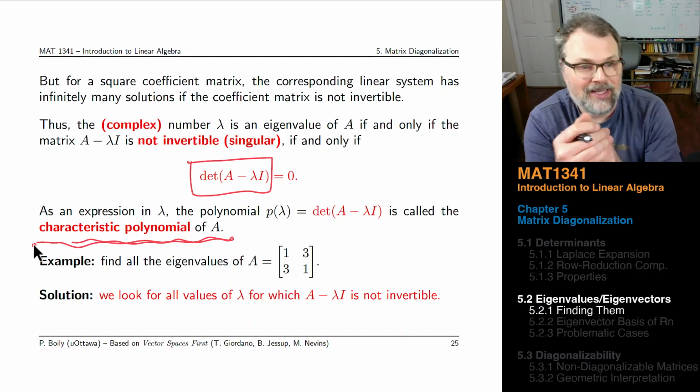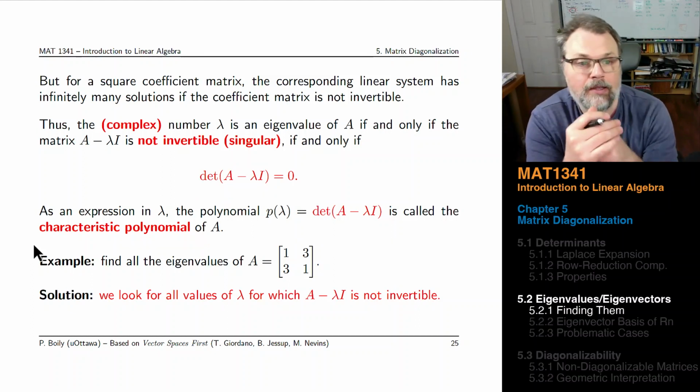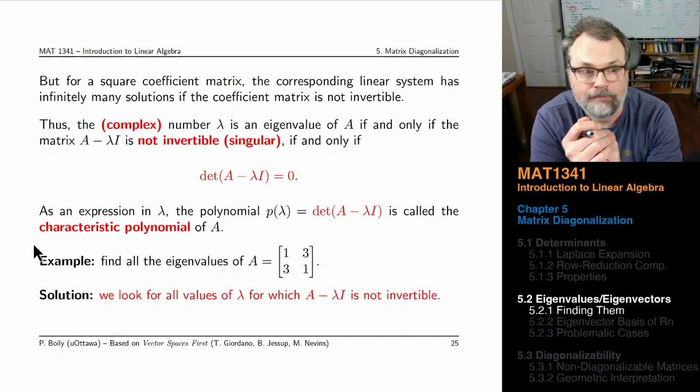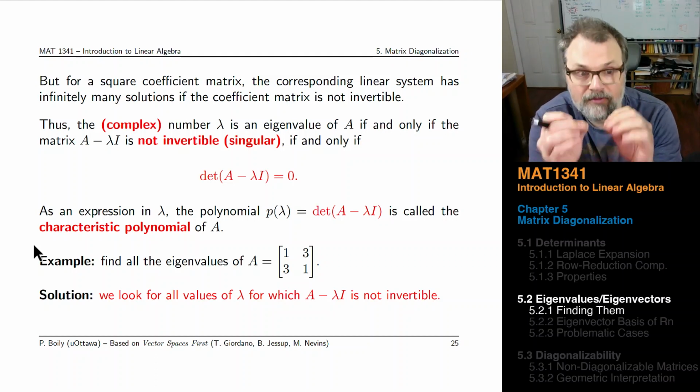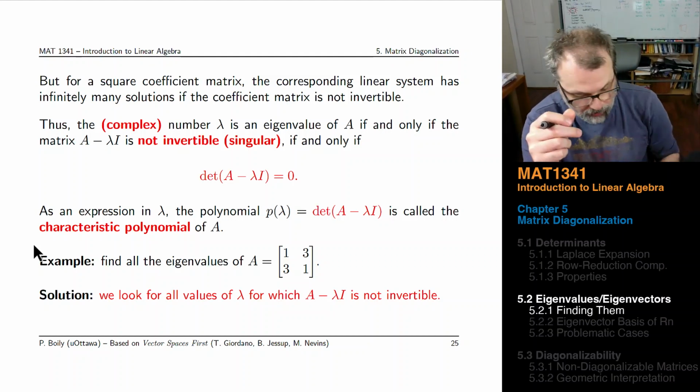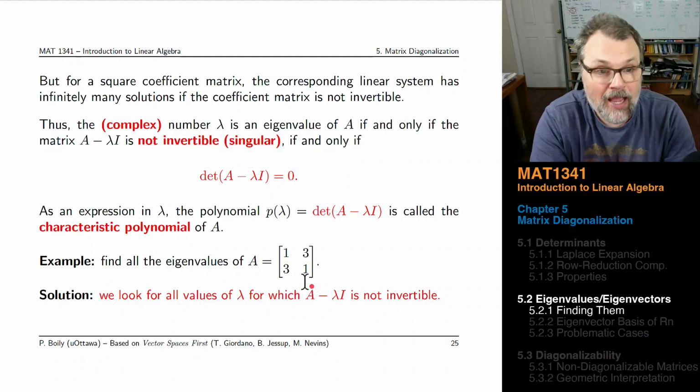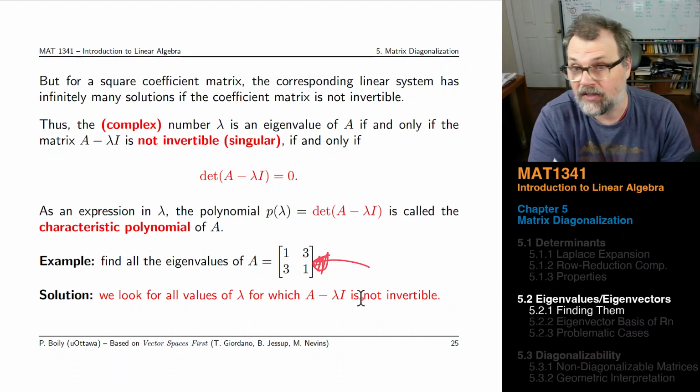So, how do we find the eigenvalues of the matrix A, 1, 3, 3, 1? It's simple. We just look for the values of lambda which will make the matrix A minus lambda I not invertible.